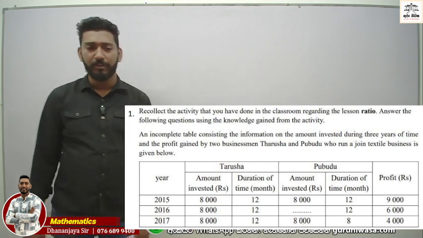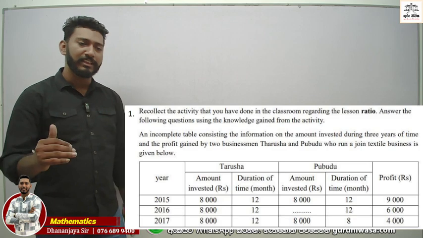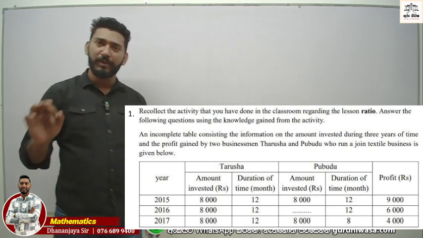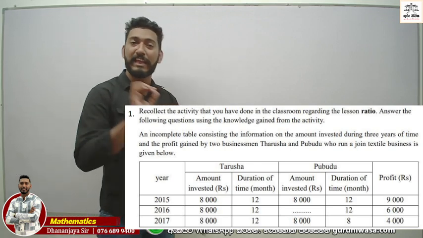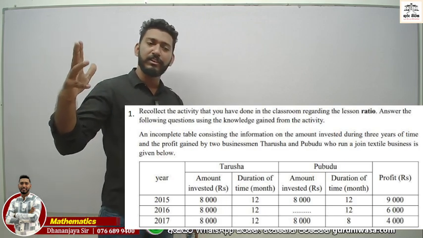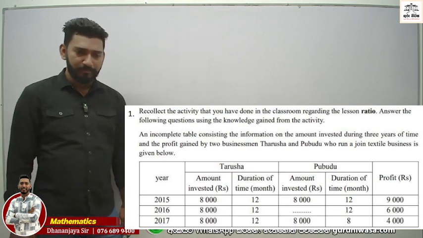And Tarusha's invested amount is 8,000, 8,000, 8,000, and the duration of the time is also 12 months, 12 months, 12 months at the beginning of the year. Pubudu's amount is 8,000, the second one blank, third one 8,000, right?